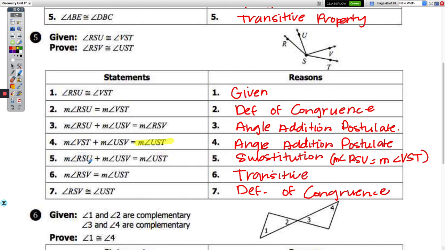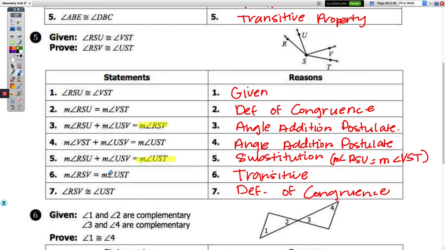The measure of angle RSU plus the measure of angle USB equals the measure of angle RSV, and the measure of angle RSU plus the measure of angle USB equals the measure of angle UST.